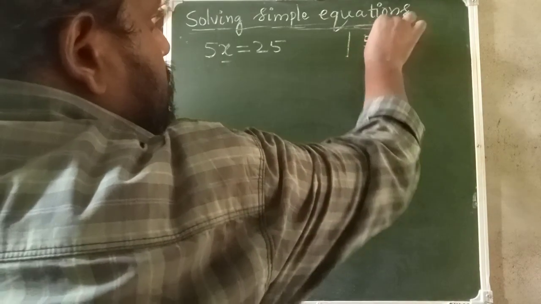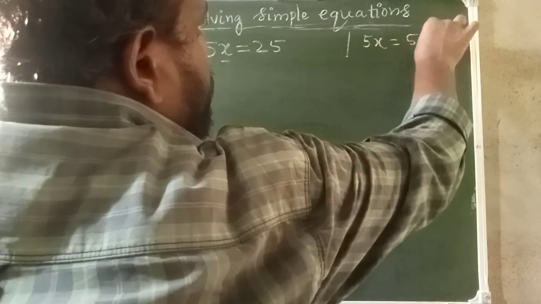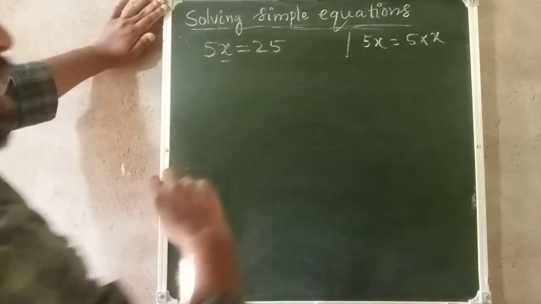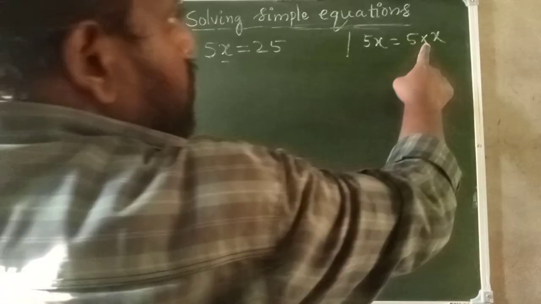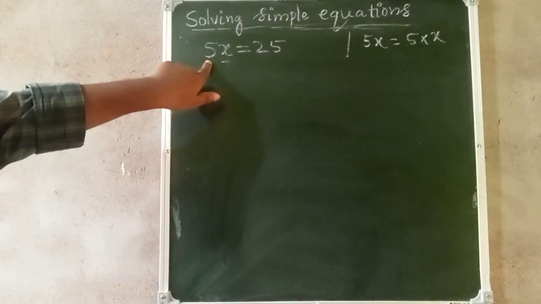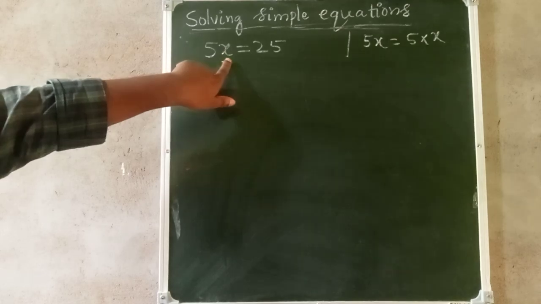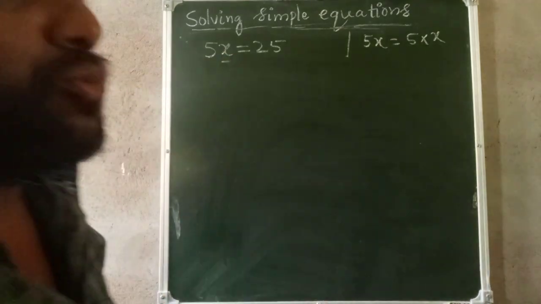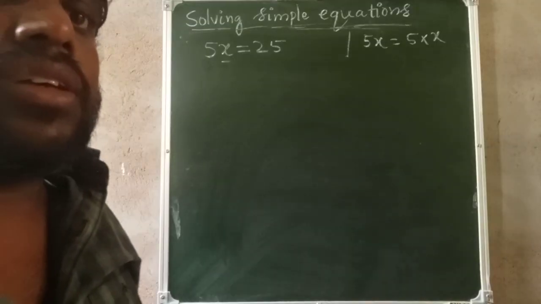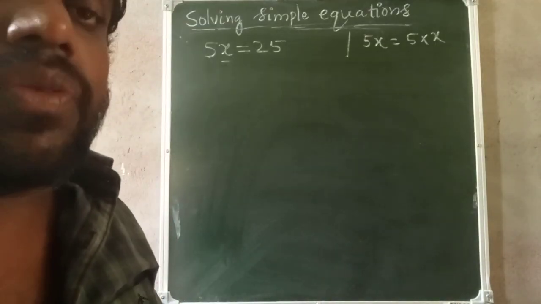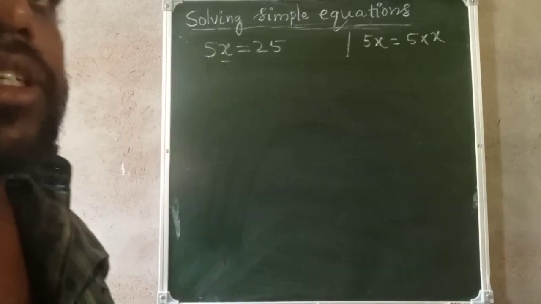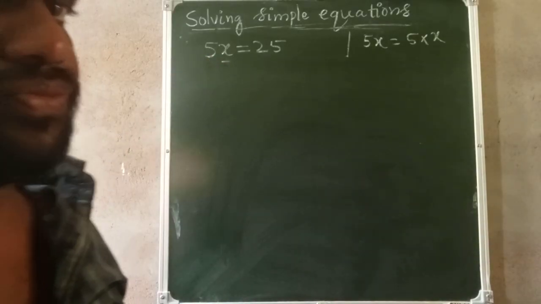To remove this 5, then only we can get x. To remove 5, simply you cannot erase it. If you erase, that will become wrong. Equation gets imbalanced. So to remove 5, there is a process that we have to follow.